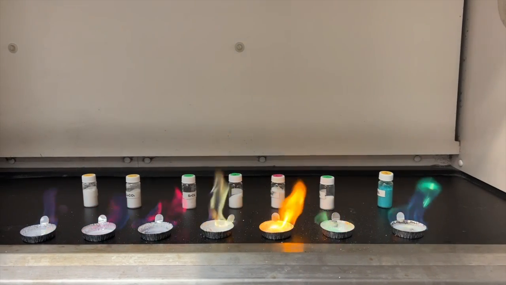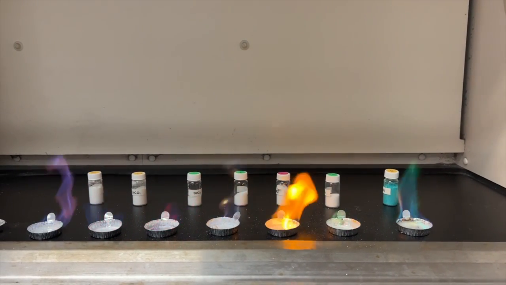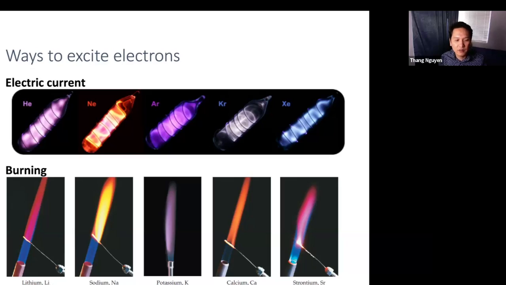When we burn chemicals, they can also release flames that are very colorful. For example, if you burn lithium, that same phenomenon happens, but in this case lithium is observed to have a red color, sodium an orange color, potassium purple, and so on and so forth.